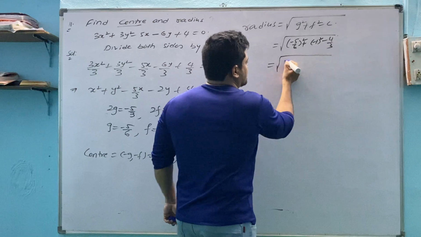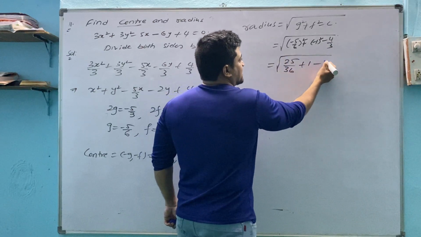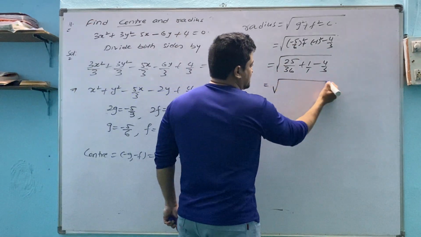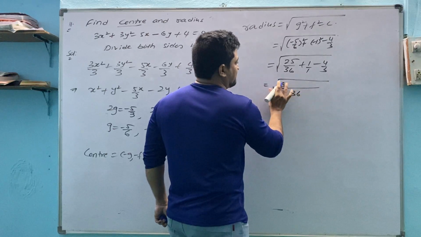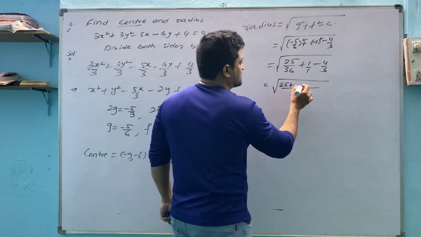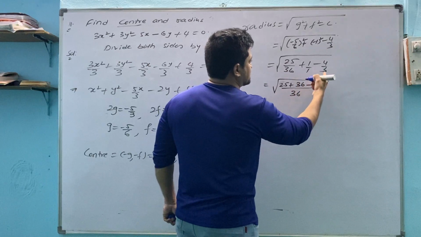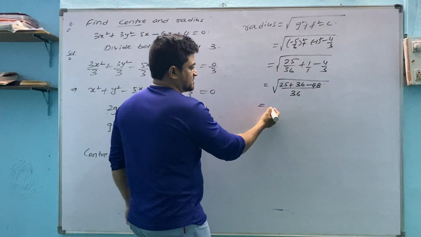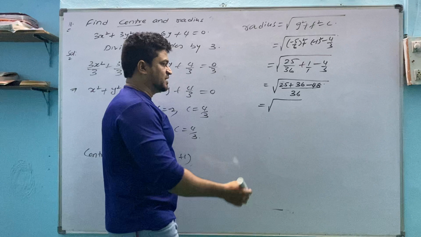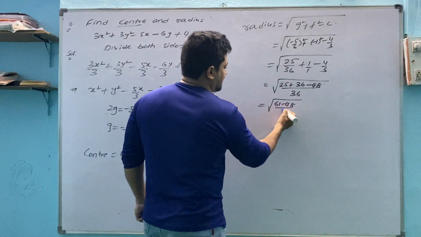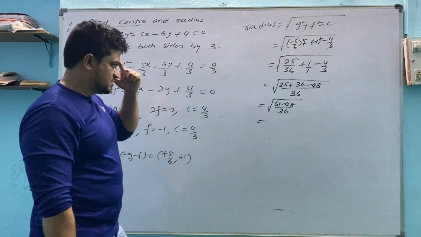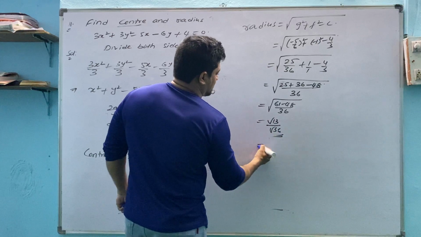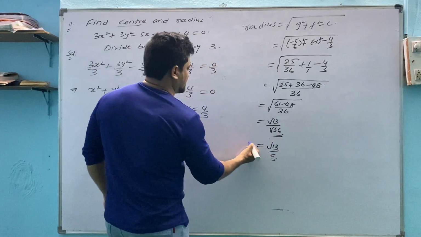Now, the quite interesting thing is that you need to simplify this. Minus signs, no need to consider, minus square is positive. Now 36 is the LCM for this. 25 plus 36 minus 3 times 12 is 48. So root over 25 plus 36 is 61, minus 48, divided by 36. How much is 61 minus 48? 13. Or you can write root 13 by 6 to conclude this one.